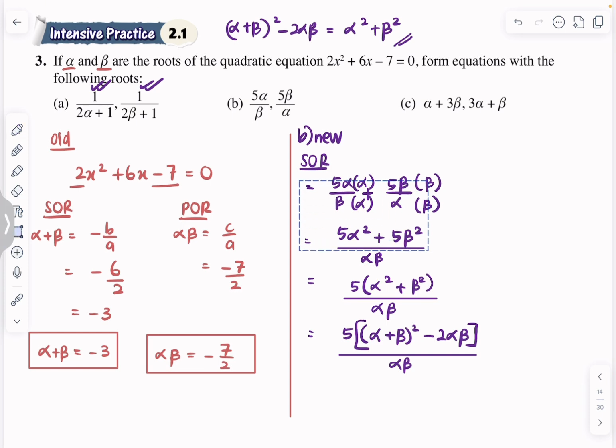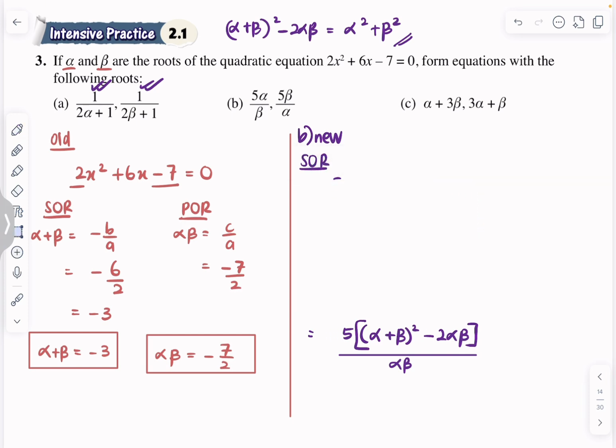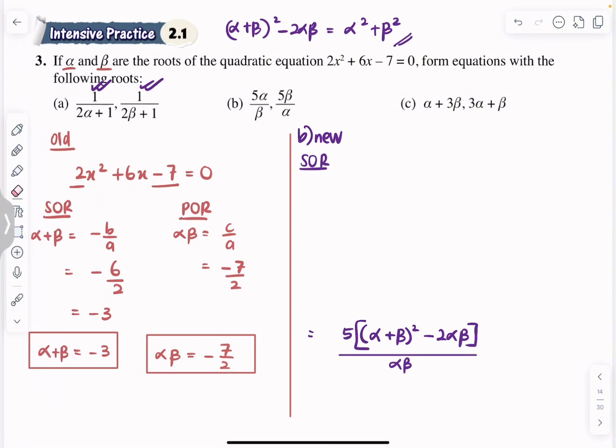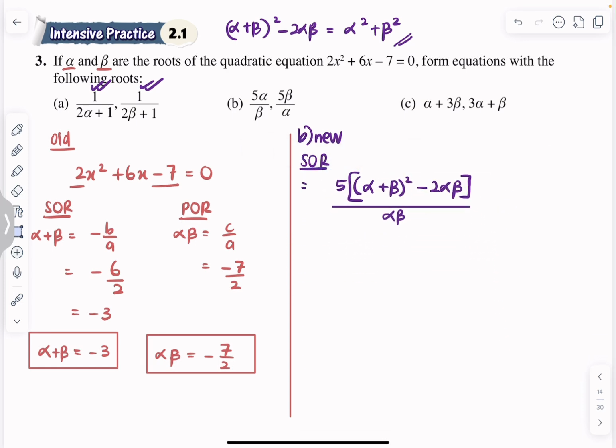Let's erase this first to make space. Alpha plus beta is -3, so -3 square. Alpha beta is -7/2, divided by alpha beta again, -7/2.